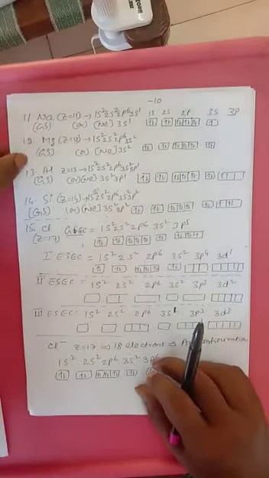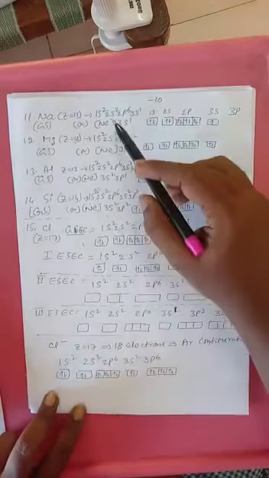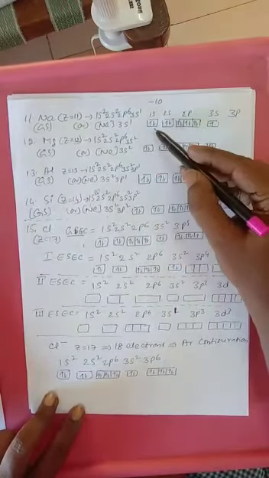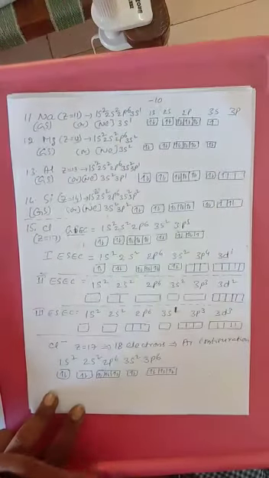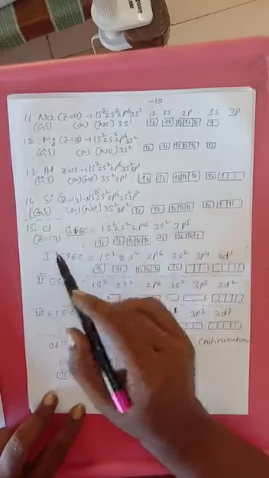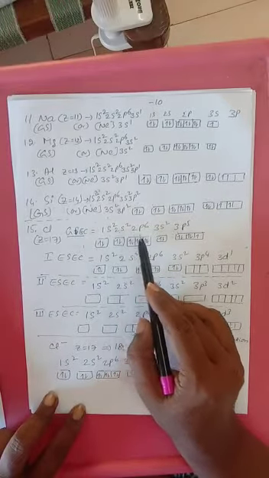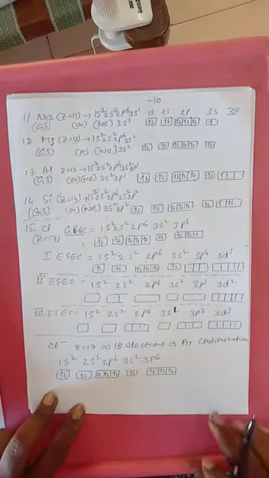Ground state means the original, actual configuration: 1s2 2s2 2p6 3s1. In a similar manner we can write for all elements. Let us write for chlorine, 17: 1s 2s 2p 3s 3p5. This is the ground state configuration.